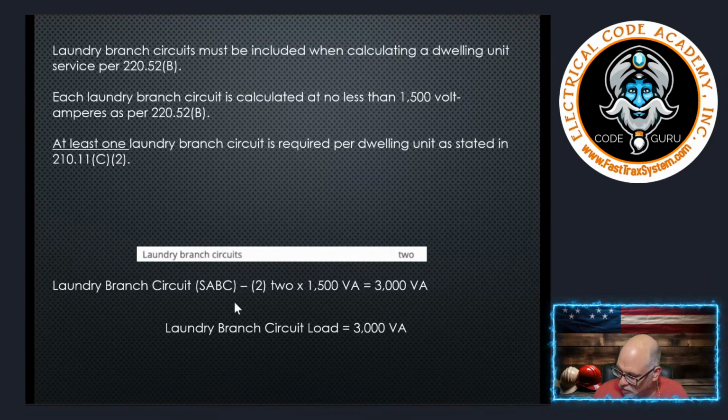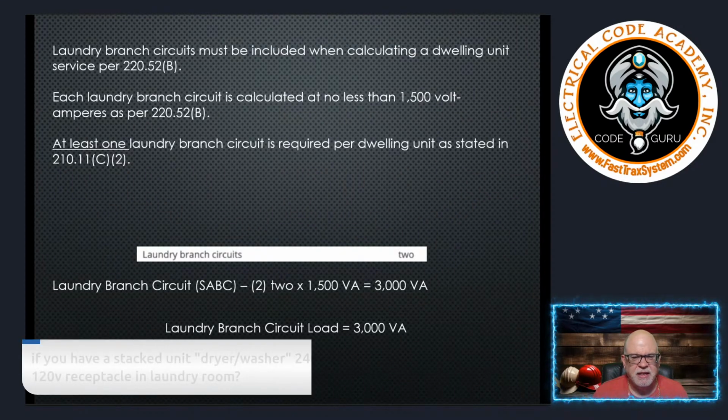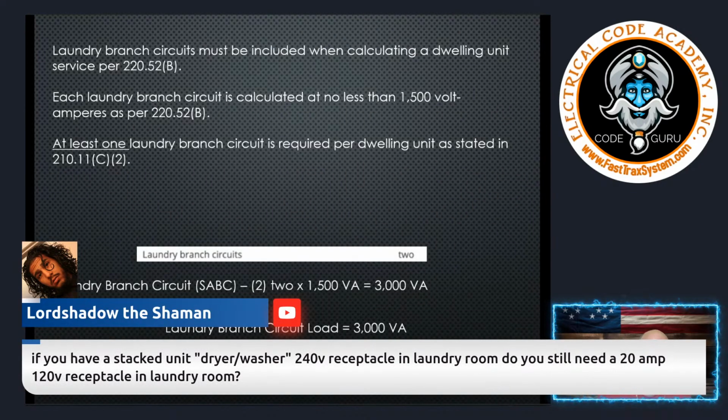Also, a good question came up: if you have a stack unit, remember, dryers are not required. The laundry circuit is required, so you're still required to have the laundry circuit at 20 ampere regardless.